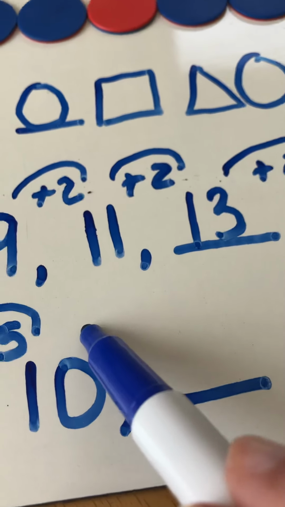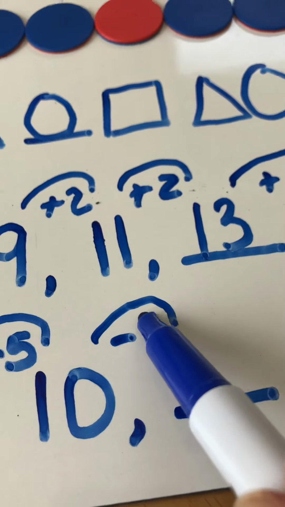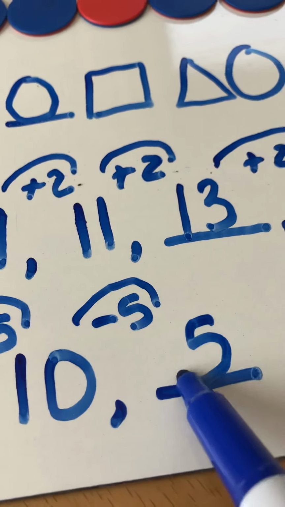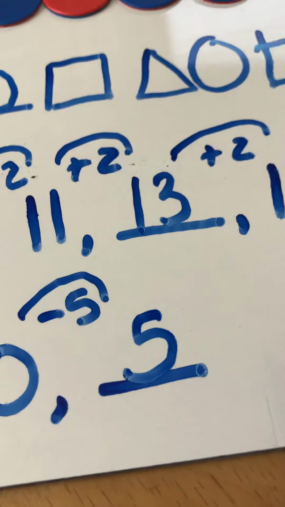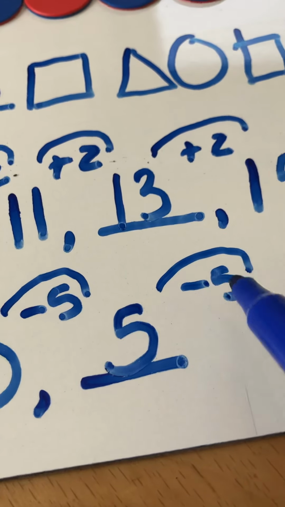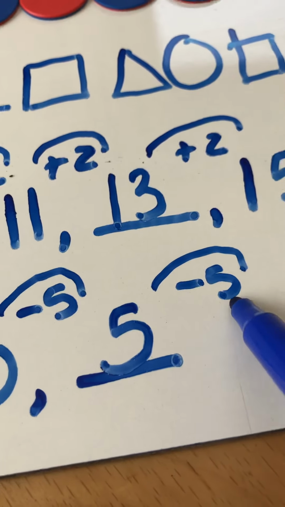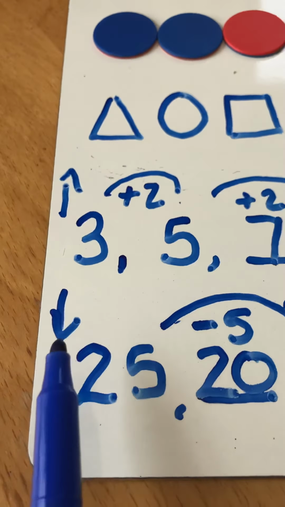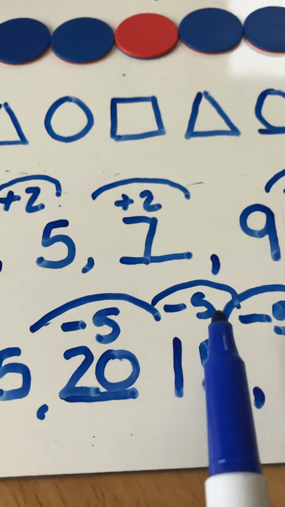Well, we'd have to take away 5 again, wouldn't we? 10 take away 5 is 5. I think we could take away one more 5. 5 take away 5 is 0. So in this one, our pattern is decreasing by 5 each time.